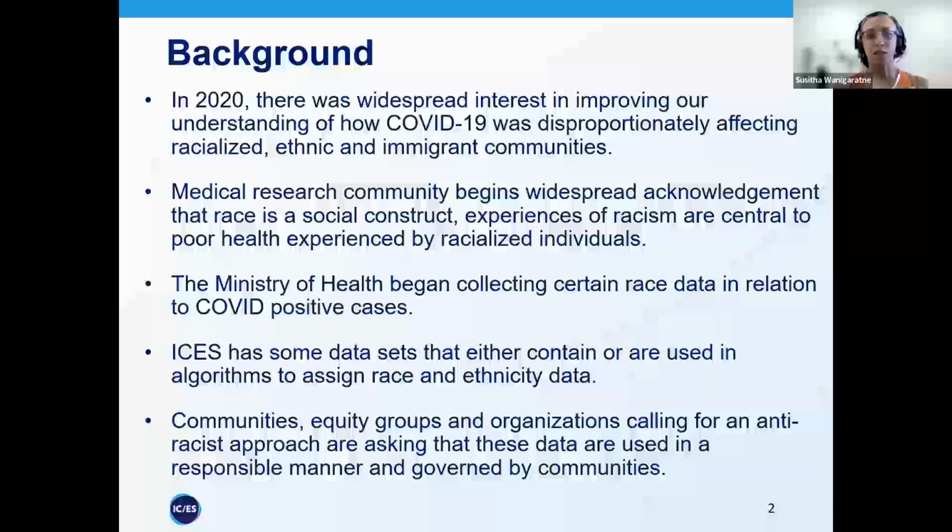So just in terms of some context about why a group of us started thinking about use of race and ethnicity data at ICES, this journey started in the latter half of 2020. And as I'm sure many of you are aware, there was an explosion of studies and lots of news coverage early in the pandemic about how COVID-19 was disproportionately affecting racialized communities.